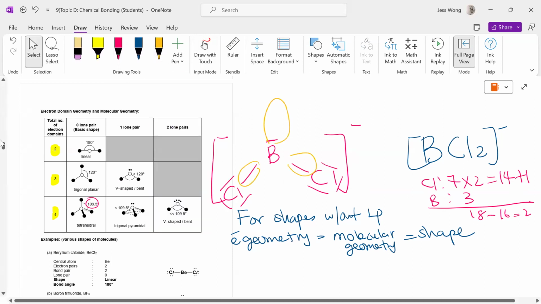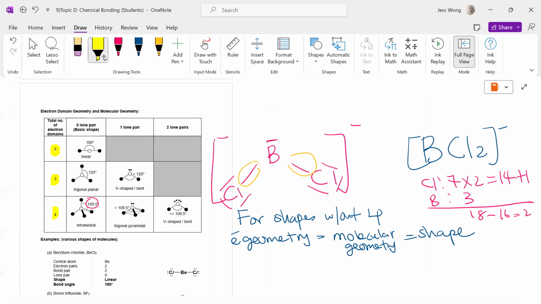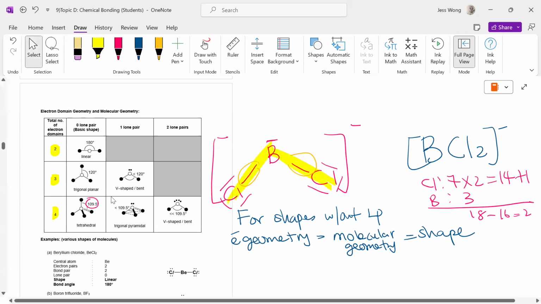So the electron geometry is still trigonal planar according to this diagram table, but the shape is not trigonal planar because I'm not able to see a lone pair, which is so tiny. So what my eyes will be seeing is a V-shaped or bent shape. So the molecular geometry will be bent. The electron geometry is trigonal planar.